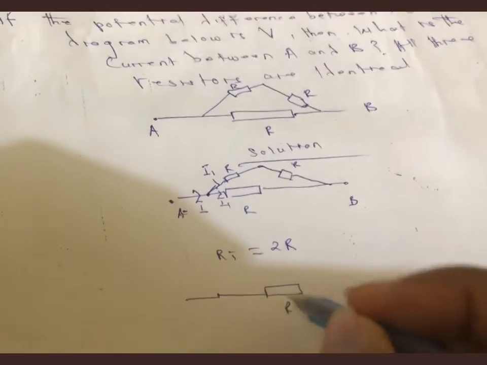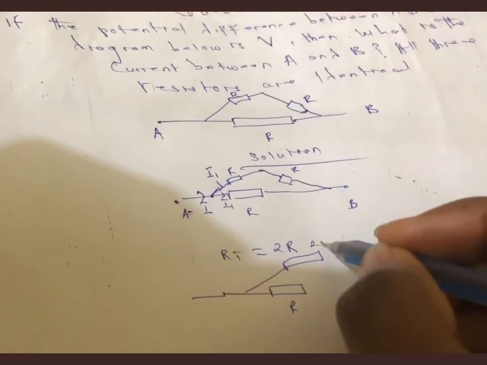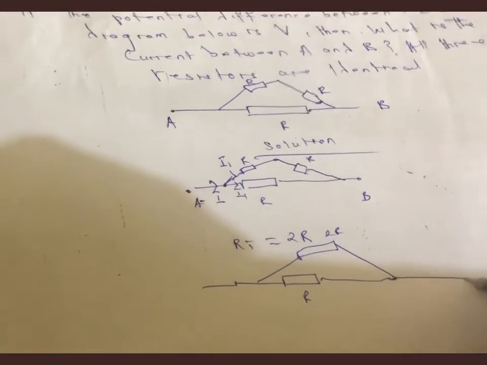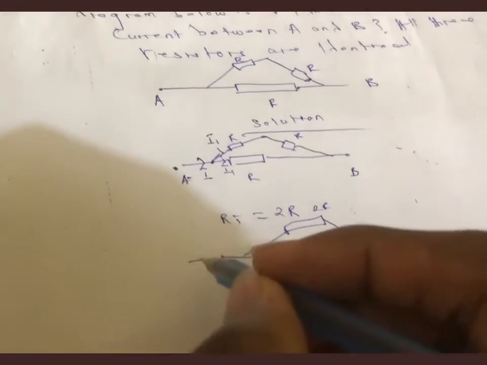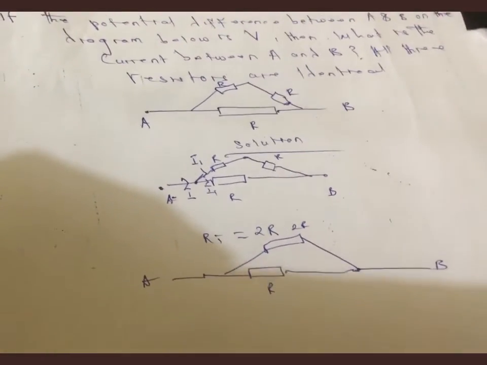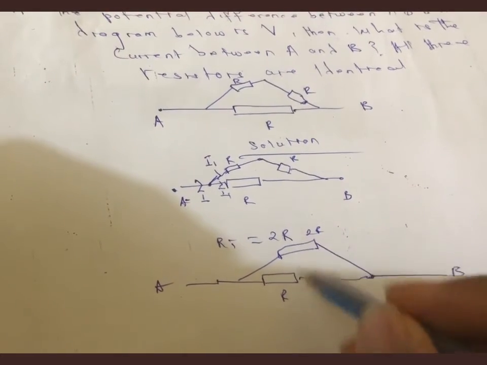So we will now have a total resistance of 2R here that will now come down here to B and to A. If that is the case, we now know that these two are in parallel.